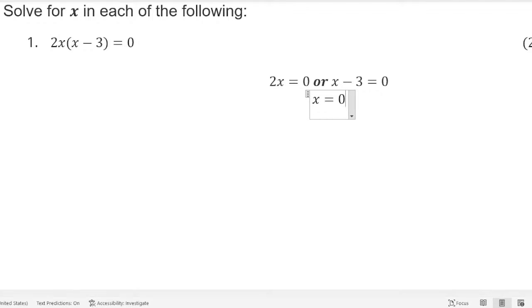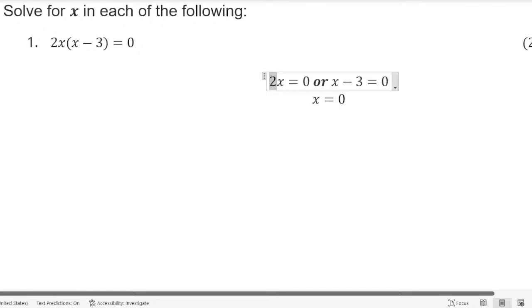What we did here, we said 2x divided by 2 and also 0 divided by 2. Whatever you do on the left hand side, you must also do on the right hand side. So that's why we have x is equals to 0.